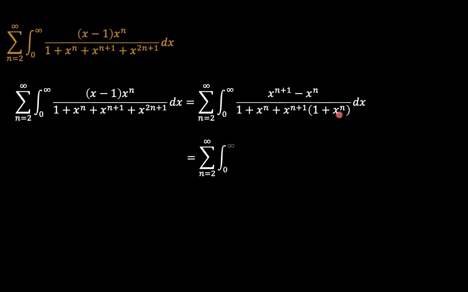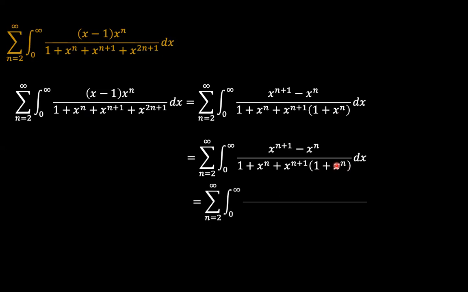Now, what we can see here is that in the denominator, you do have 1 plus x to the power n, and we have 1 plus x to the power n here. So in essence, this is something that is easily factorizable.